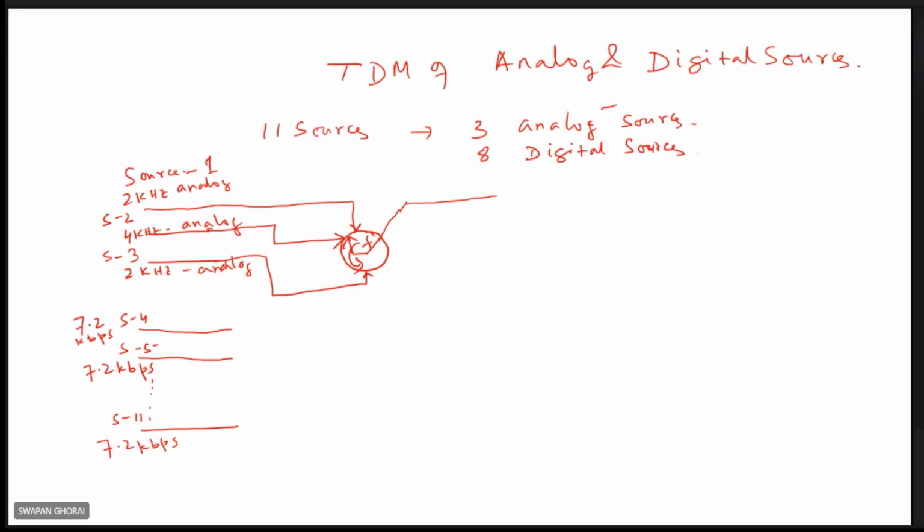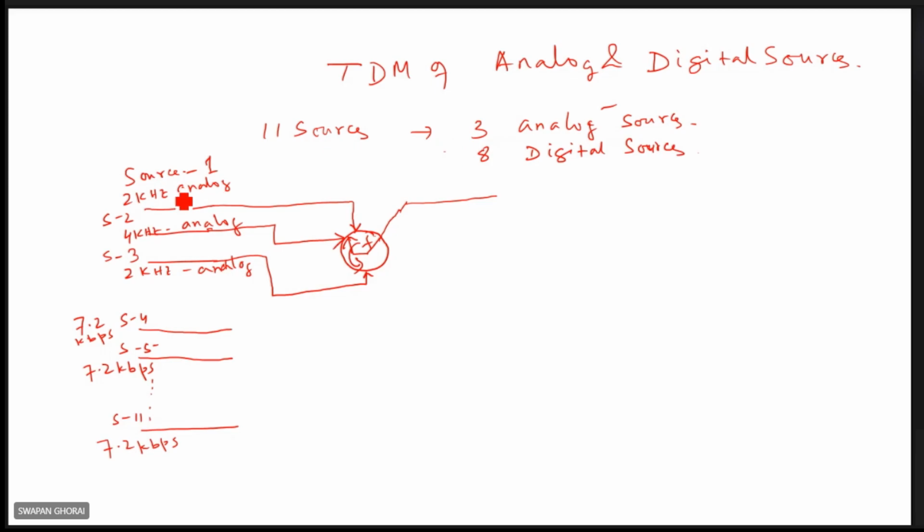According to PCM, the sampling theorem is used, so the signal will be sampled at twice the bandwidth of the signal. What will be the sampling rate?